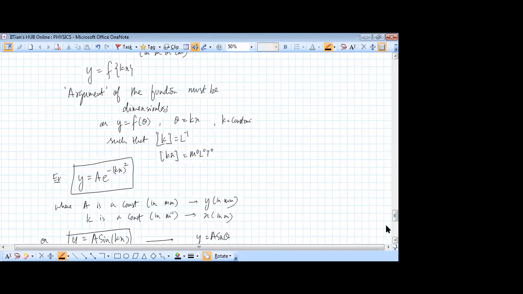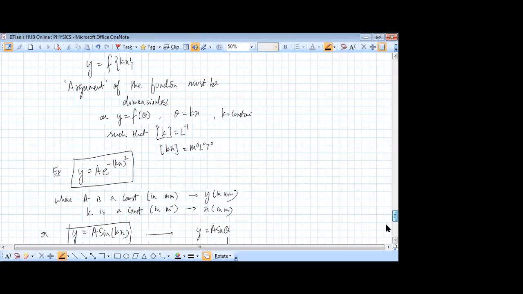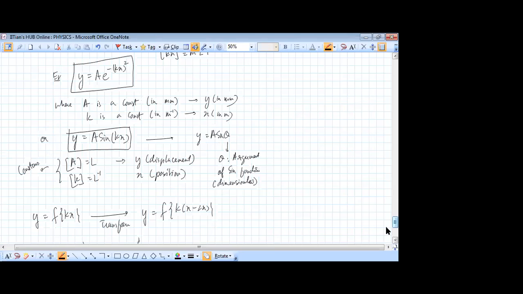So then the transformation works in this way that when you replace x with x minus delta x or x plus delta x, it shifts along the x-axis such that the argument of the function changes from kx to k of x plus delta x or x minus delta x, like that. So this becomes something important to understand here.